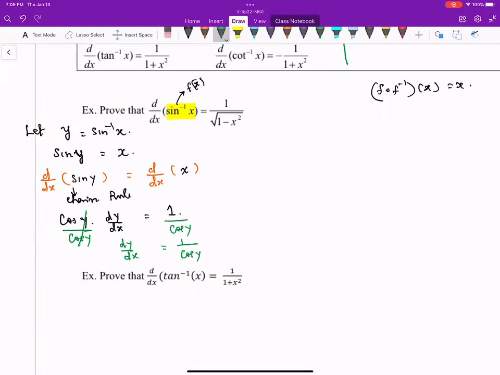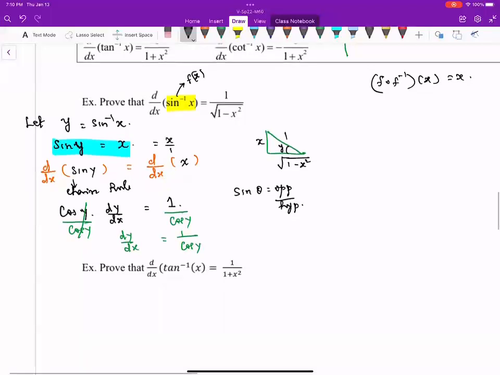But what is cosine y in terms of x? We know sine y equals x. If you look at this step over here, it is sine y equal to x. What is sine y in trigonometry? Sine theta is opposite over hypotenuse. So if I take y to be this angle, then I can consider x as x over 1, so it is opposite over hypotenuse. Then if you apply the Pythagorean theorem, the adjacent side is the square root of hypotenuse squared minus one leg squared.